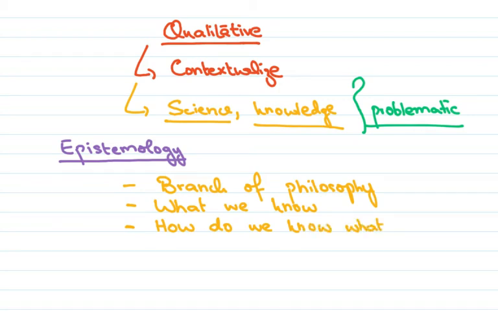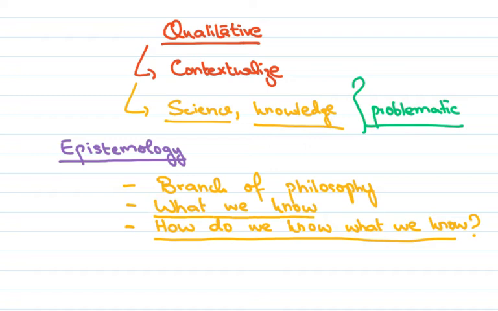So, for example, you might think that the sun rises from the east. But how do you know this? How do you know whatever it is that you know? And what is it that you know? These are the questions that this branch of philosophy concerns itself with, or tries to answer.